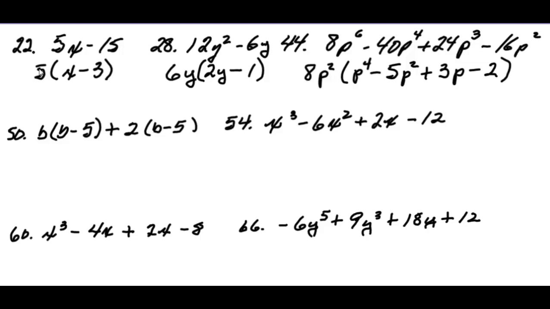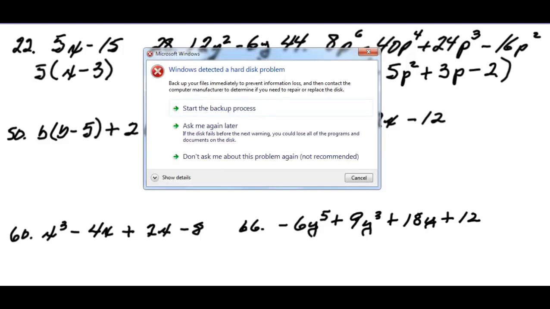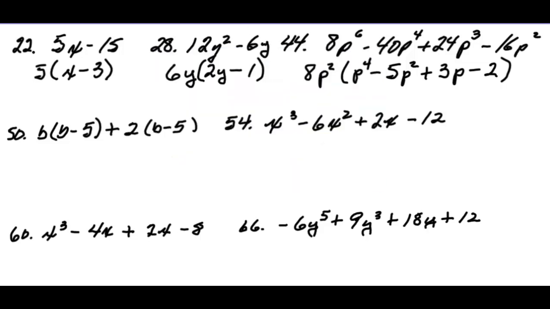Now we're going to talk a little bit about factoring by grouping. And number 50 is a good example of how this works. Notice that in our 2 terms, and we only have 2 terms, we have a common factor, but instead of being just a number or a letter, it's that binomial b minus 5. I apologize for that.